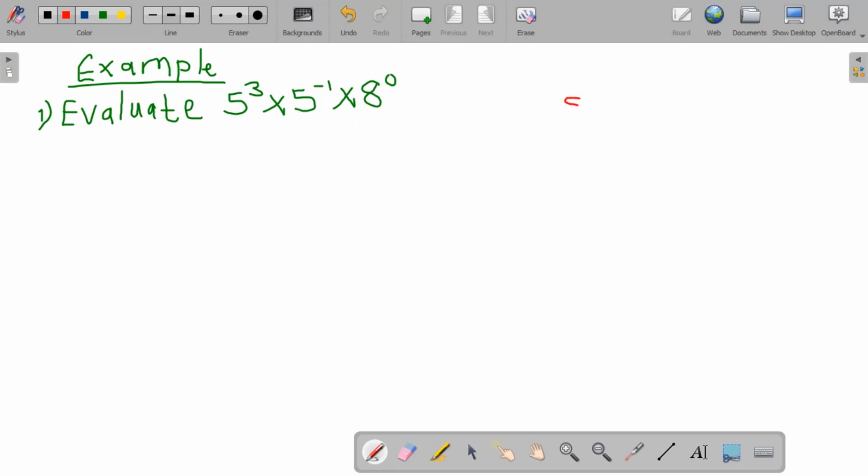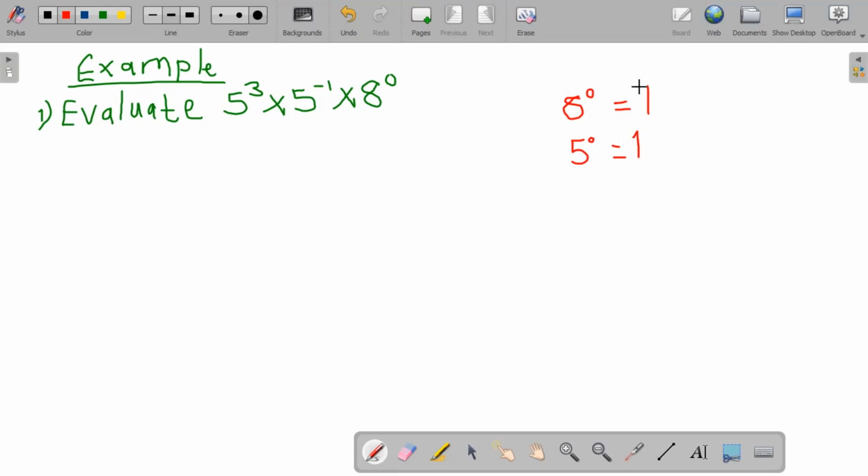So how can we make that one the same base? We know that 8 raised to the power 0 is the same as 1. Which simply means that even if we were to write 5 raised to the power 0, it will still give us 1.